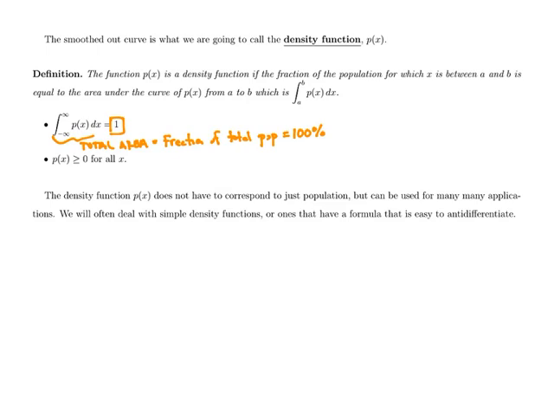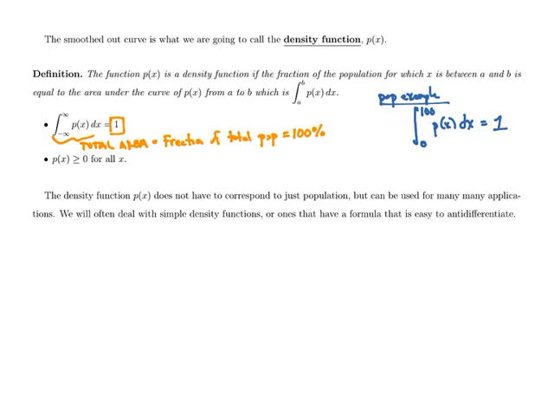So that's what that's saying. From negative infinity to infinity, we're saying everything included, that's going to be 1. For our population example, we're saying that maybe the integral from 0 to 100 of p of x dx would be equal to 1. It doesn't necessarily have to start at negative infinity to infinity for all applications.